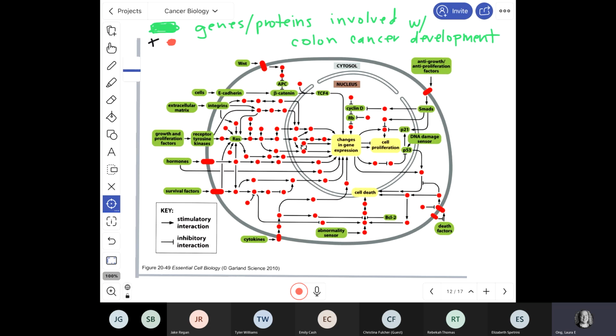So one of my goals for this class is that you could look at one particular pathway and understand how that one leads to changes in cell proliferation. And you actually do know enough to do that if all of the proteins were listed here.